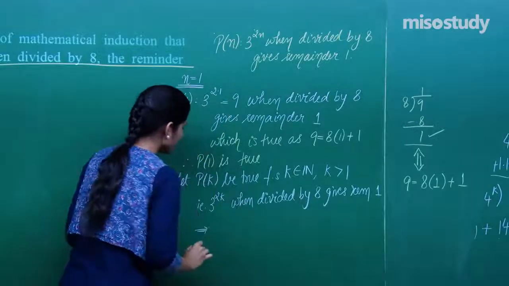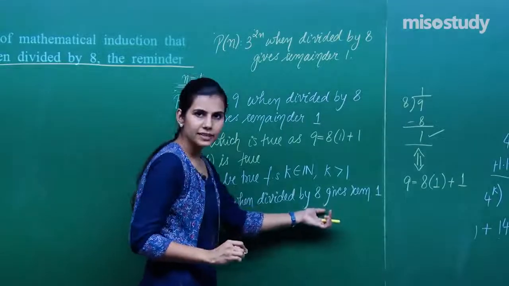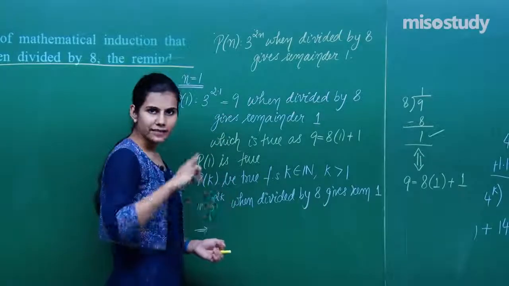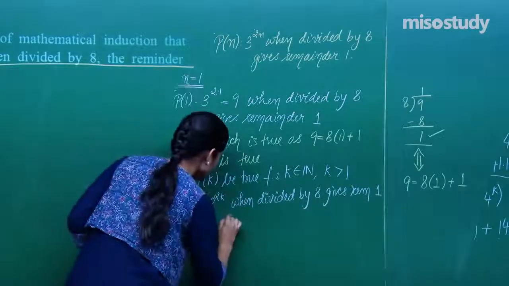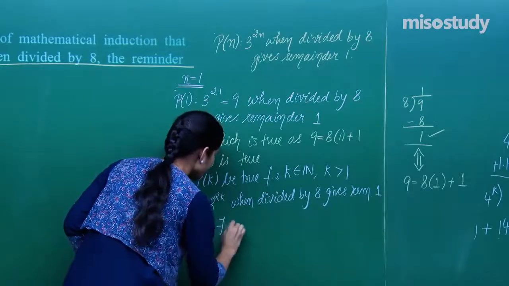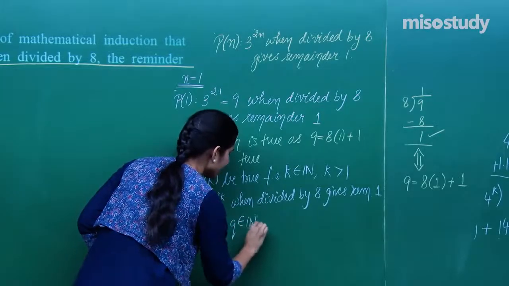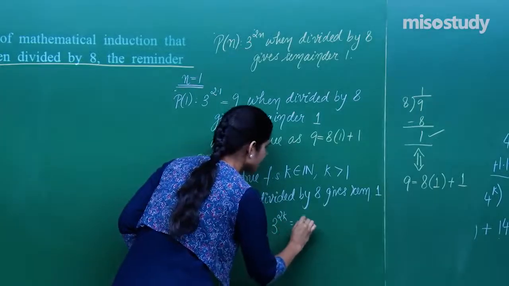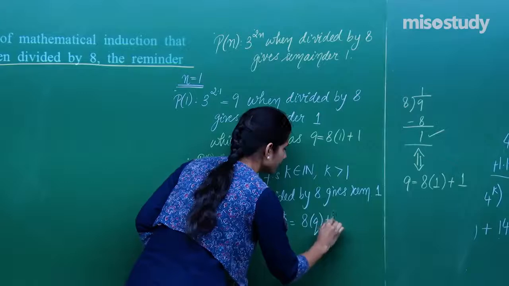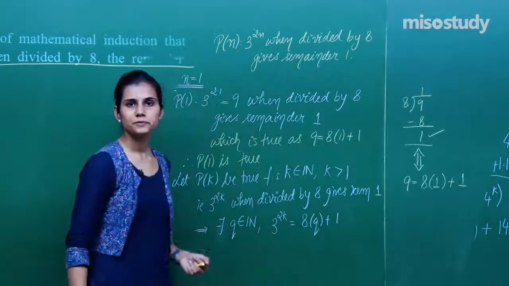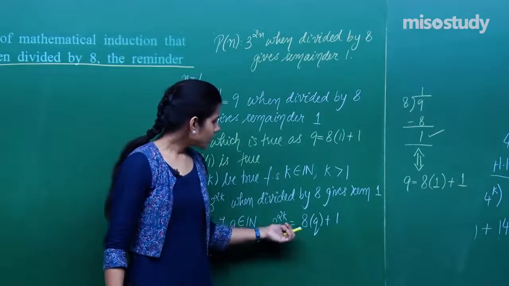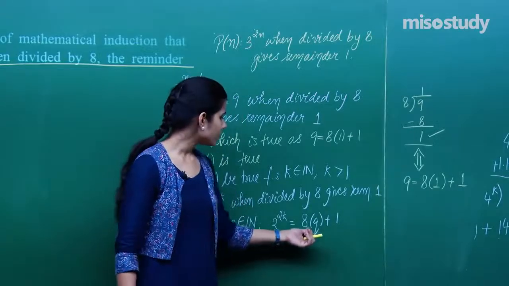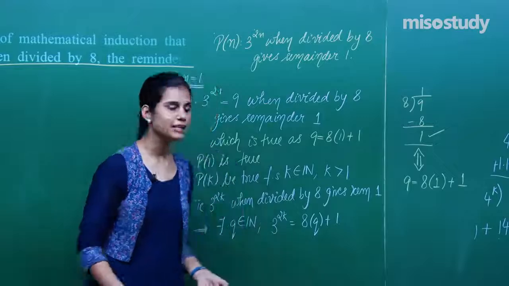This means there is some quotient and remainder is 1. That means dividend can be written as divisor into quotient plus remainder. This implies there exists q belonging to N, that is the quotient, such that 3 to the power 2k can be written as 8q plus 1 for some natural number q. That means 3 to the power 2k when divided by 8 gives quotient q and remainder 1.